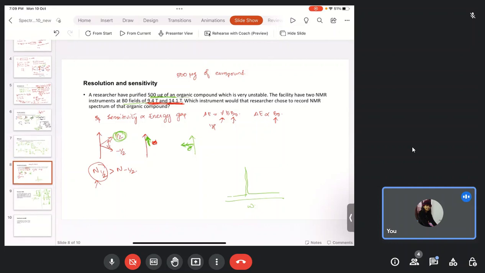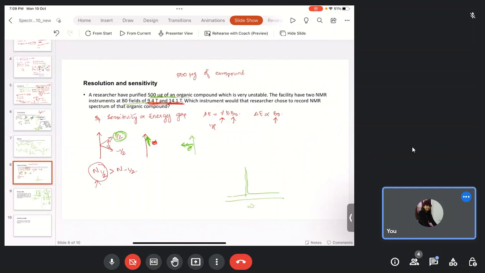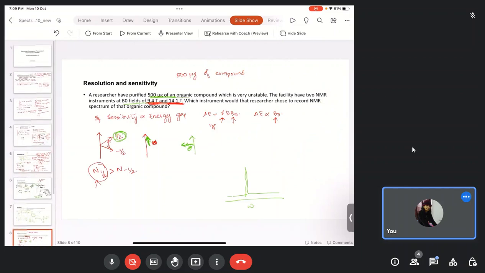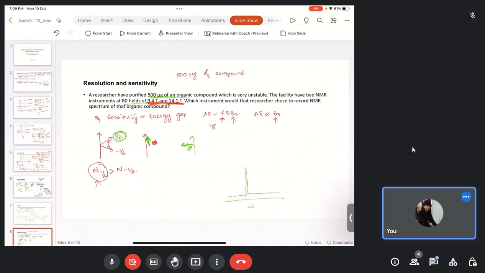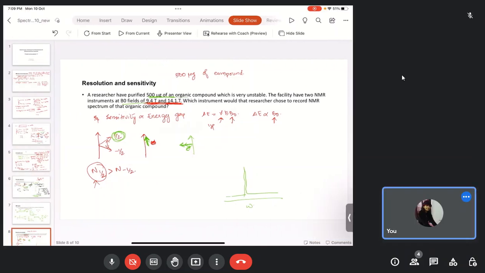We are going a little over time, otherwise I would have finished this problem as well. Do you have any particular question? You can also text your message in the chat box.